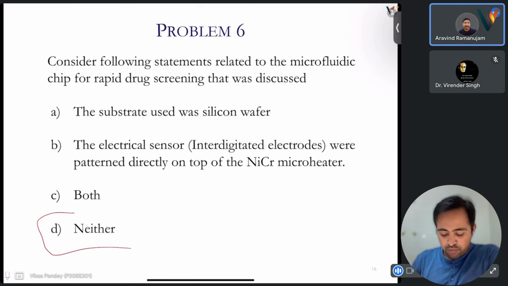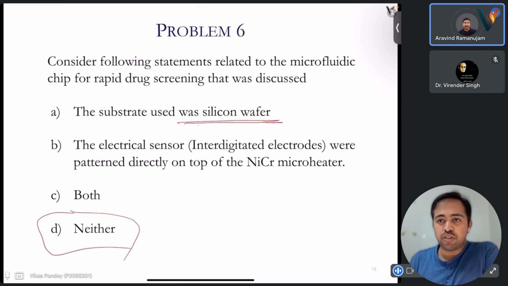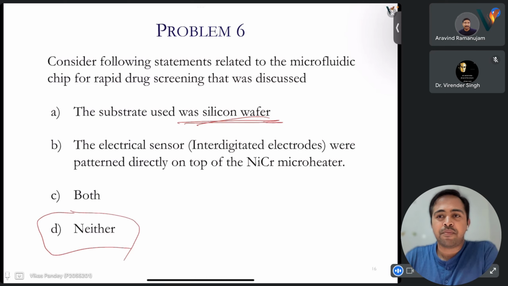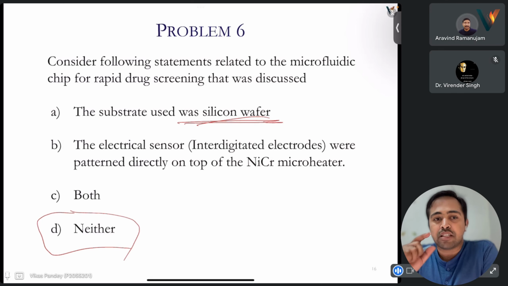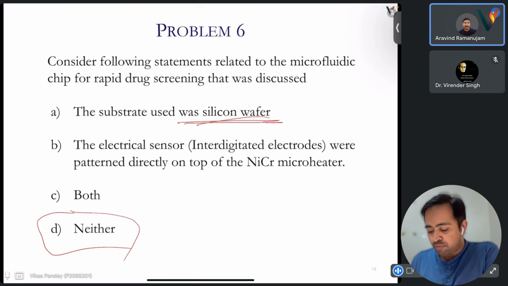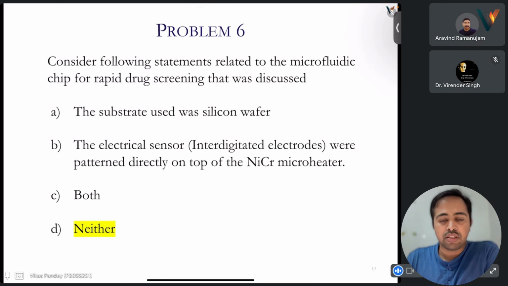Neither. So what is the correct wafer? Which wafer was used there? In the class, they used an optical sheet on top with the IDE, and on the bottom was the heater. And there is a separation, right? Yes, sir. It will not be put on top of the microheater. So neither of these is correct.